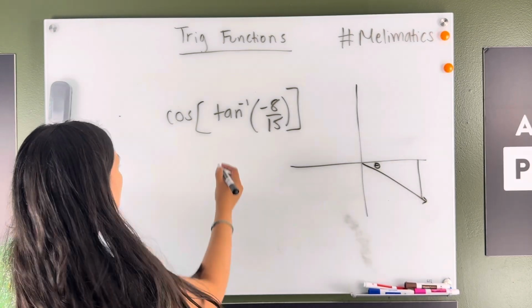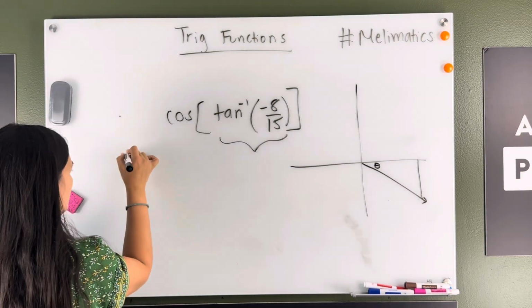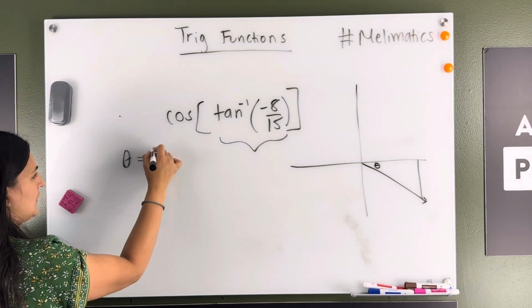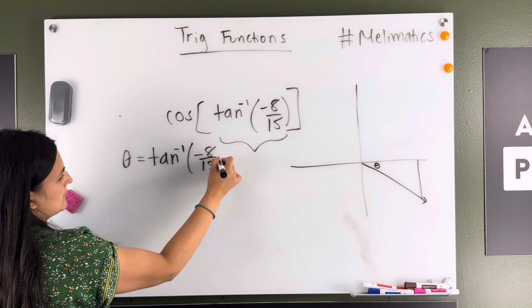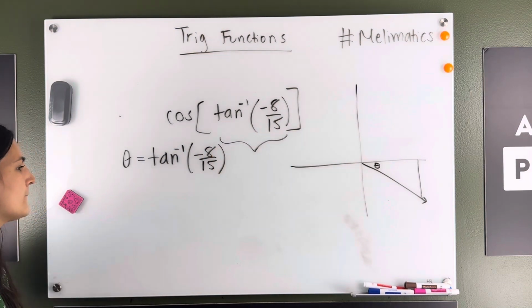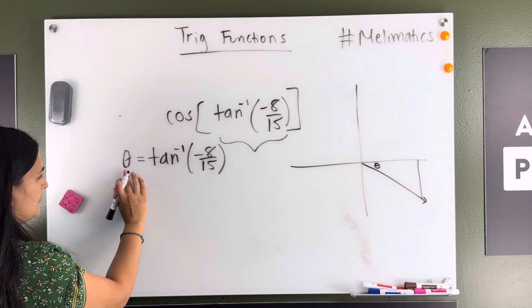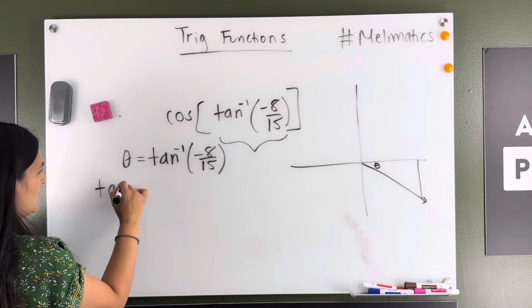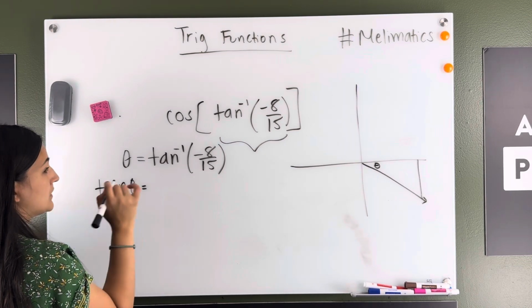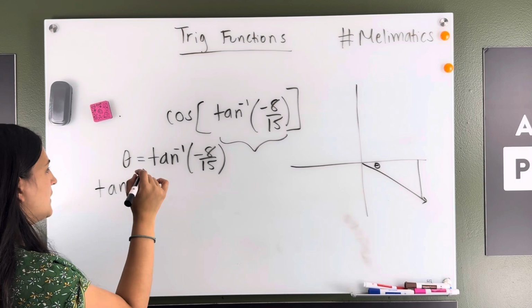Basically, we're going to let this equal an angle, because it does give you an angle when you plug into the calculator. But we're not doing it that way. We're finding the exact angle by drawing a right triangle. So if you wanted to solve for theta, what can we do? We can take the tangent of both sides. I'll show you.